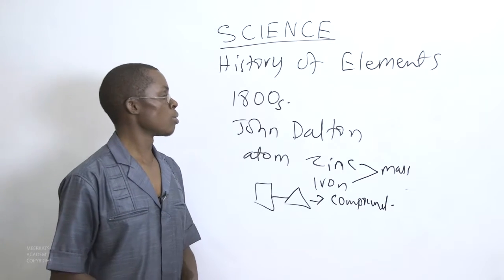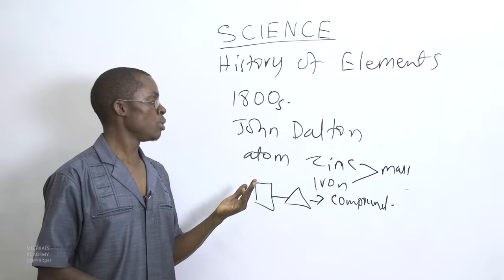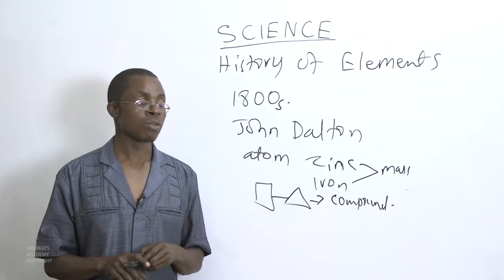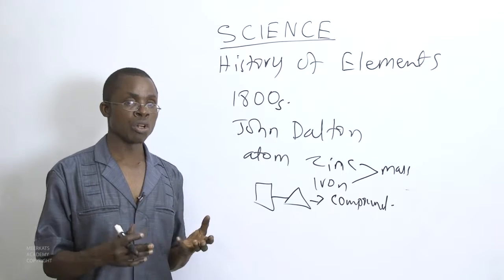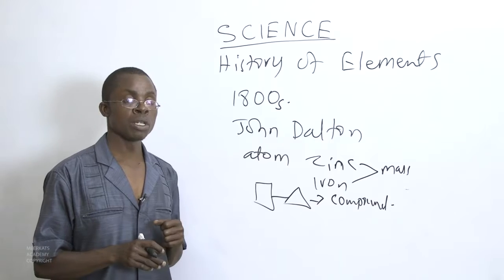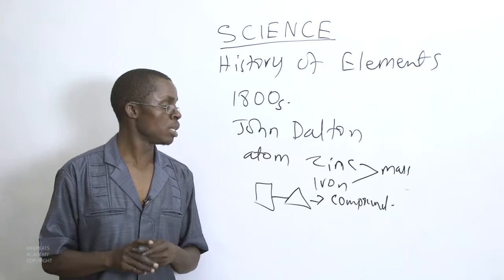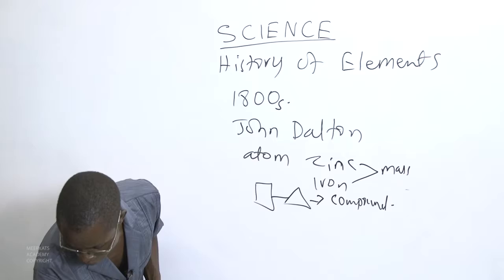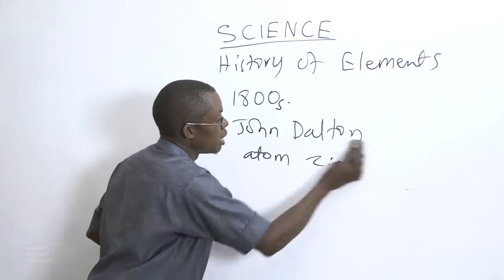So this also agrees with John Dalton, and in fact that's why he was taken to be the scientist who gave the modern atomic theory. Though it is in the 1800s, from his description, since it still agrees with what we have today, it is taken to be the modern atomic theory. Then he also said that atoms cannot be created.